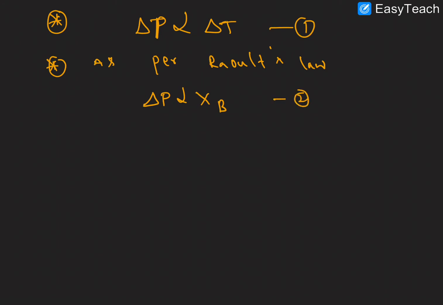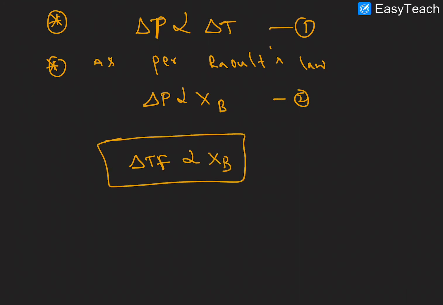So we can take the relation from equation 1 and equation 2 here. So here delta TF, the freezing point depression, is directly proportional to the mole fraction of solute. I hope it is clear, right?